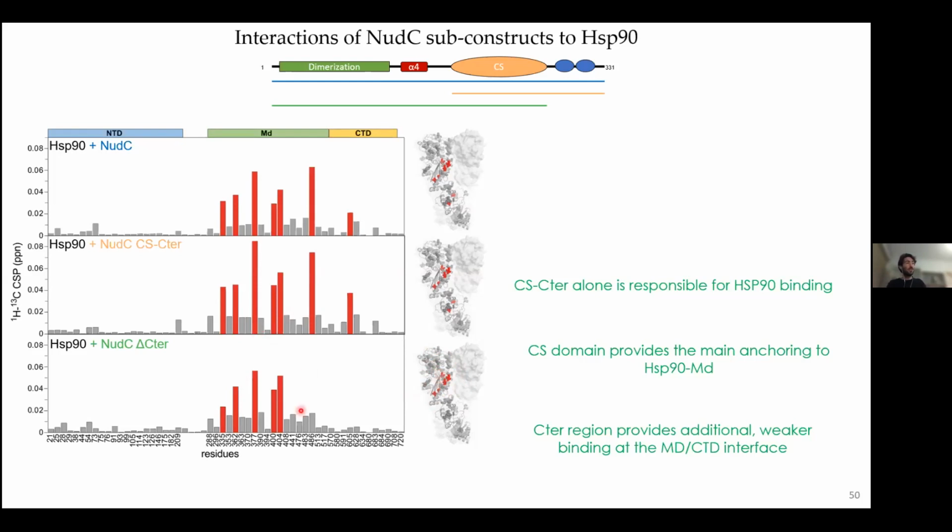But in this truncated form of Nazi, we miss those extra effects that we observe at the MC interface. So with this, we can conclude that even though the CS domain creates the main binding to Hsp90, these terminal helices can come and create additional binding at the MC interface.